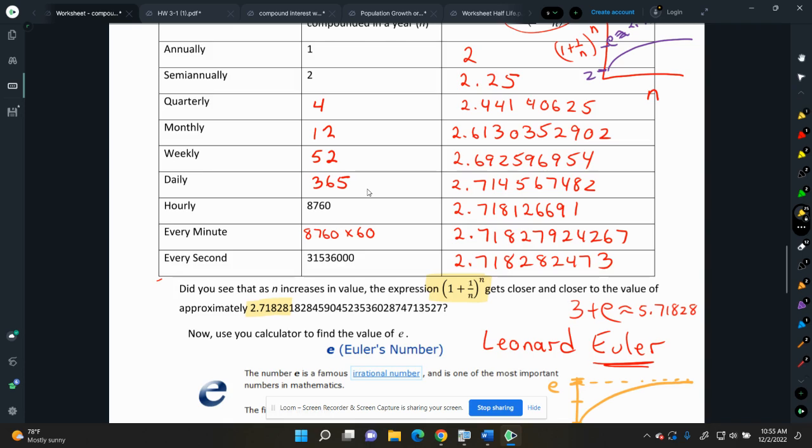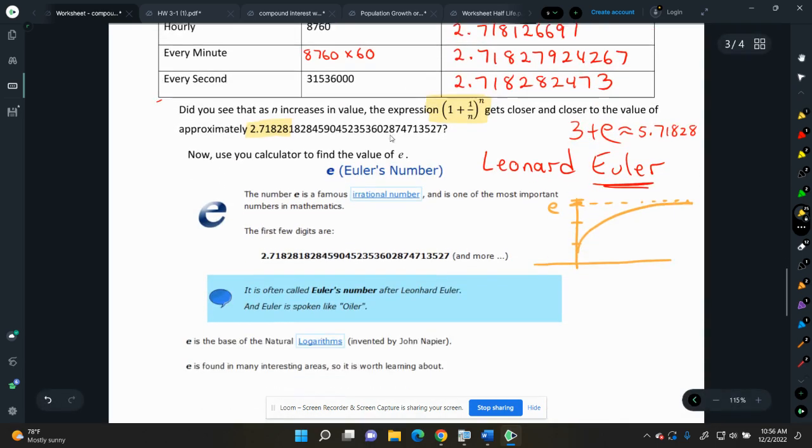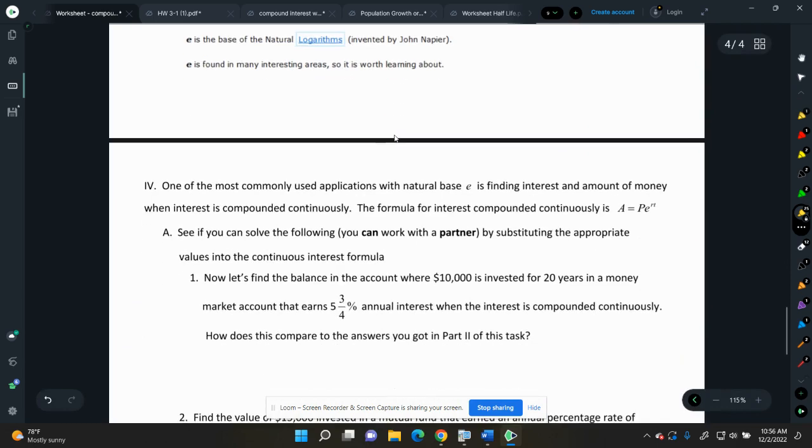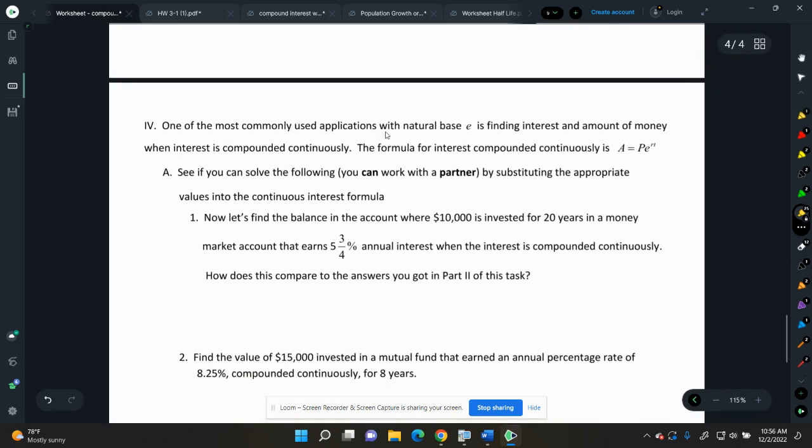Now, compounding continuously introduces a whole new problem, because the moment I start to compound, that moment's over. So compounding continuously introduces this whole new issue. Leonhard Euler came up with a way of doing that, and that's by using this formula here.